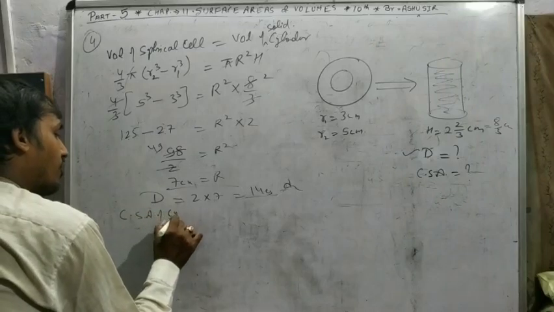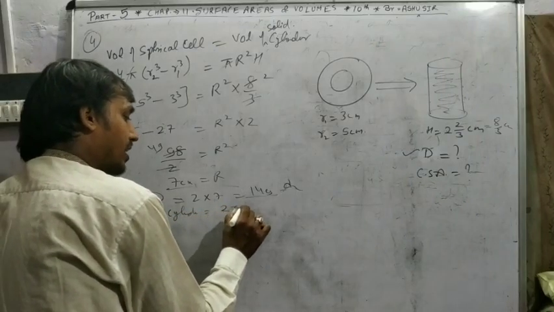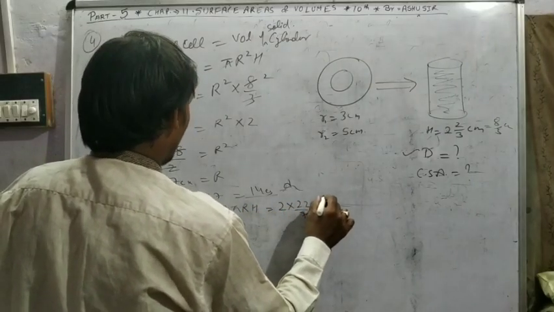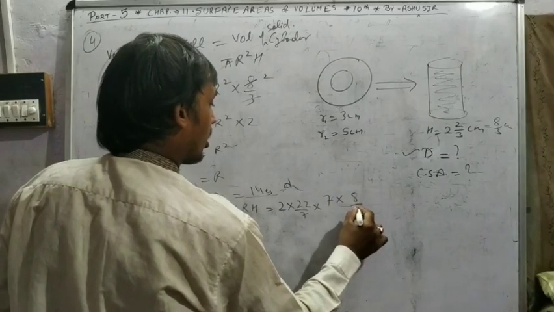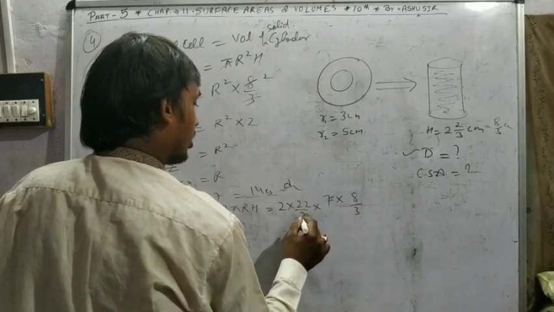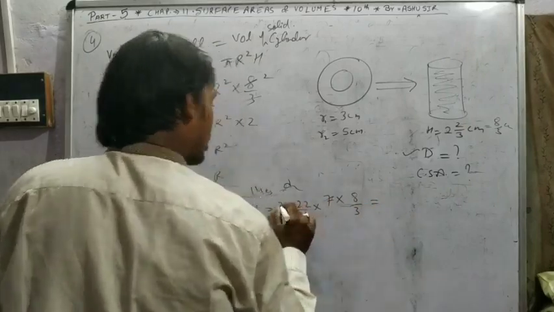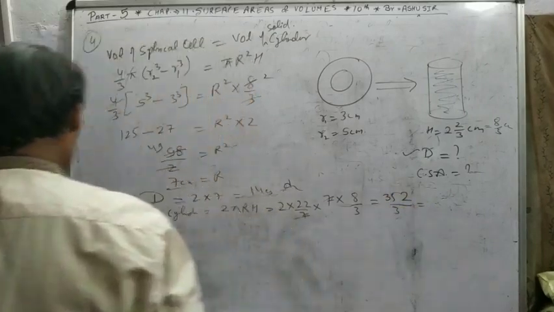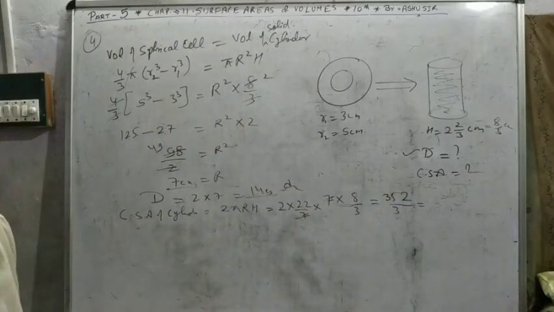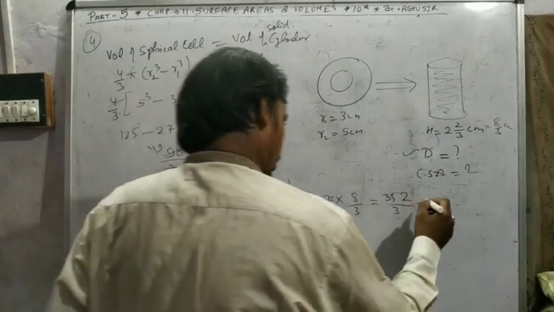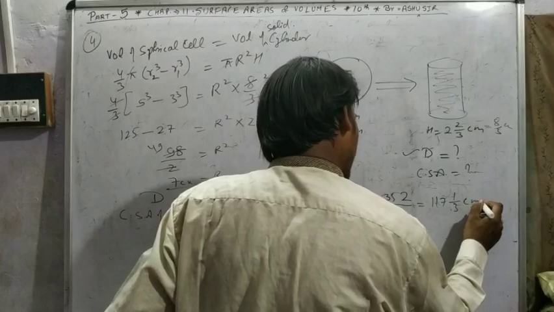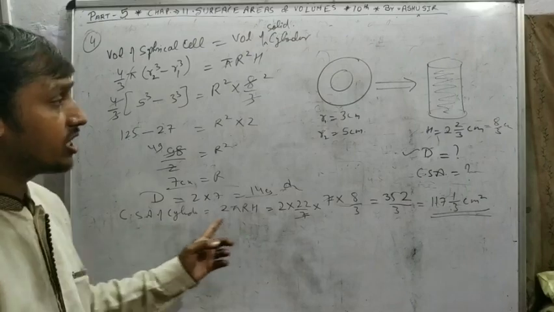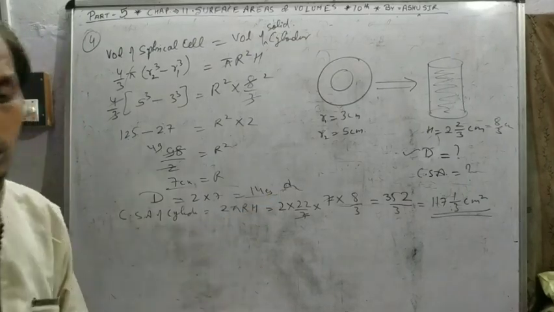CSA of cylinder is 2 pi r h. 2 into 22 by 7 into r into h. 7 cancels, and 8 into 16, 16 into 32, 35 by 3, so it cancels, and you get 117 whole 1 by 3 centimeter square as the CSA of the cylinder. Pause, and note it down.